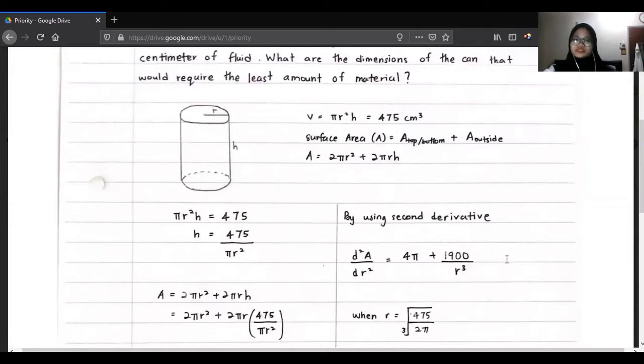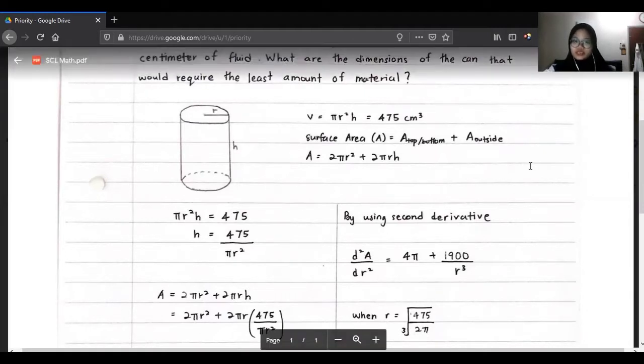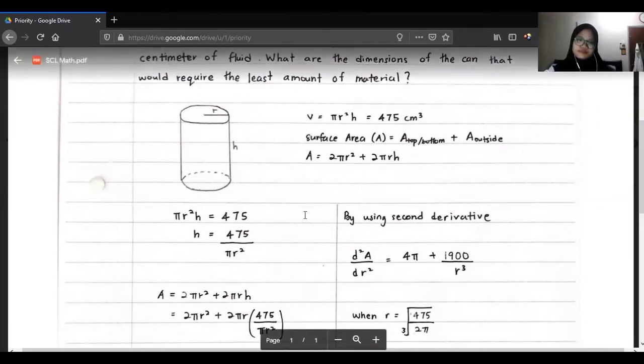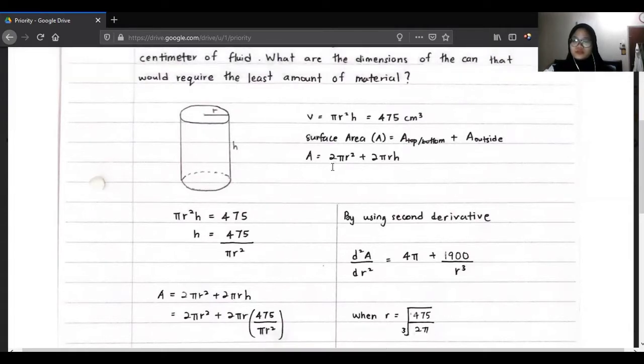The objective function is the function that we want to solve, which is the dimensions of the can, which includes surface area equal to area of the top and the bottom plus area of the outside, which is A equal to 2 pi r squared plus 2 pi rh.